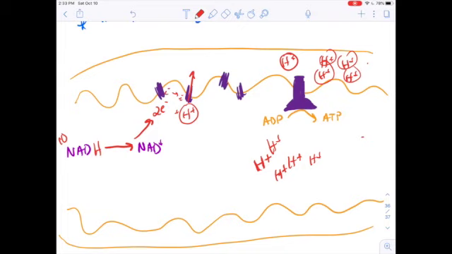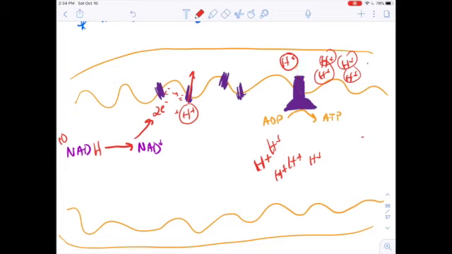And is it going to go anymore? Nope, it's not. Because if this one up here moved through, then we'd have 6 down here and only 4 up here, and that just made the gradient worse. So that's not happening. So crap.